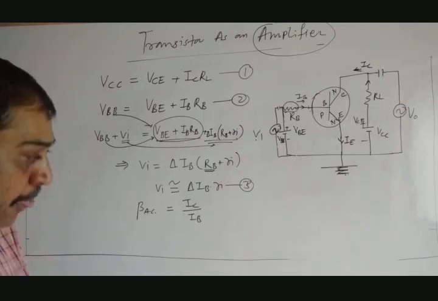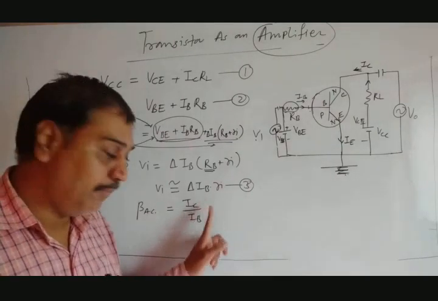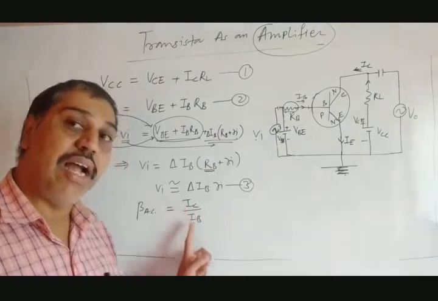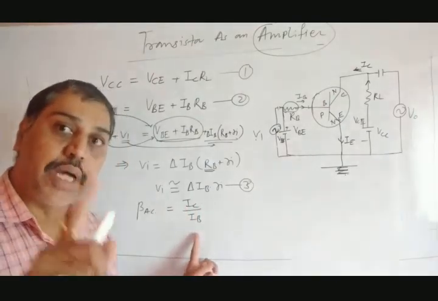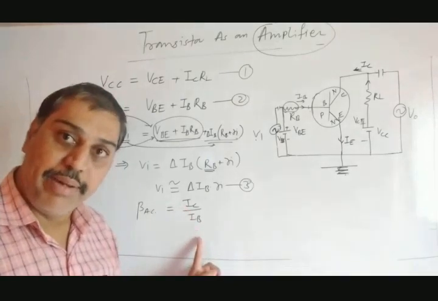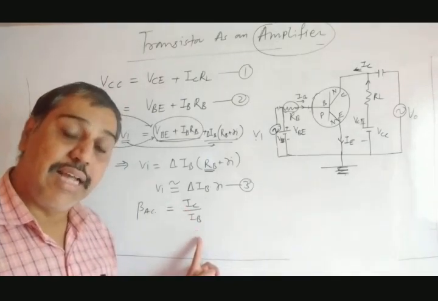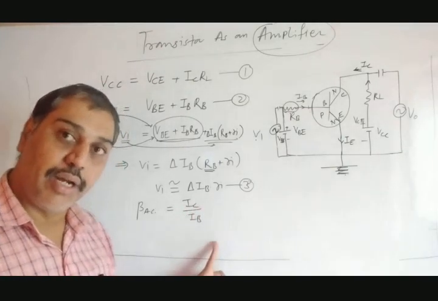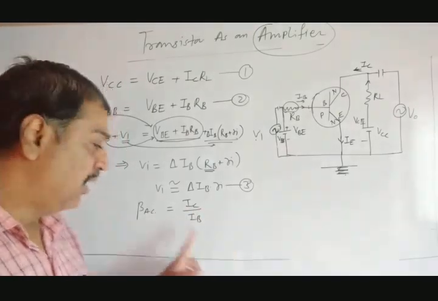Only remember, this output current is AC and the input current is AC. In your book they have mentioned small IC divided by small IB. You correct that. It must be capital IC divided by capital IB. AC output current to AC input current gives the AC current gain, represented by beta AC.